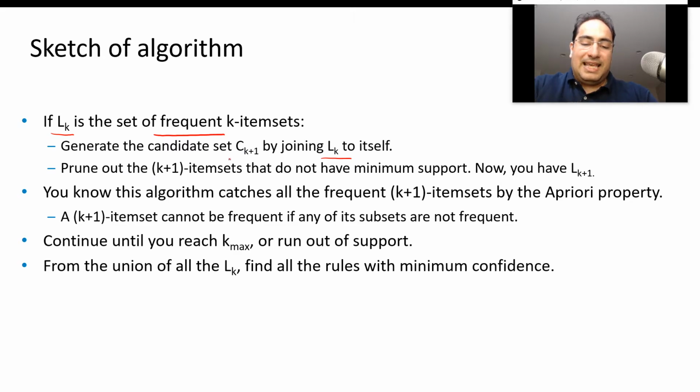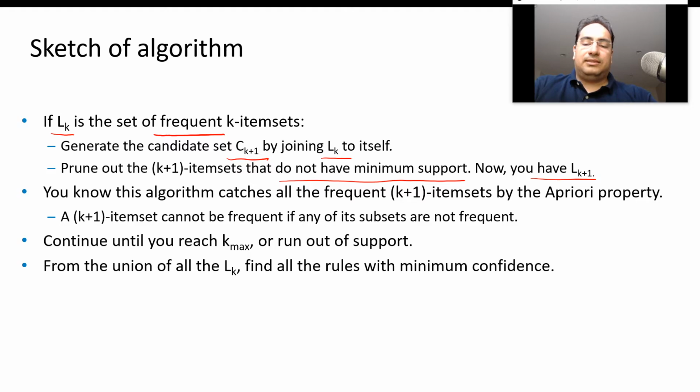So we create a candidate set by joining those items together, and that's a candidate for the next item sets. But we want to know if that's a frequent item set or not. So we prune out those items in that candidate item set that do not have the minimum support, and then voila, we have the frequent item sets of K plus 1.